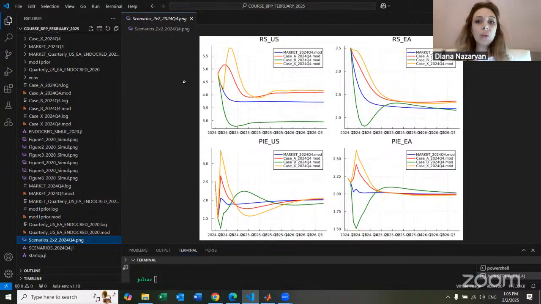For the euro area case, the reaction function means they keep their Taylor-rule-like reaction function for monetary policy rates. Okay, I see. Thank you.